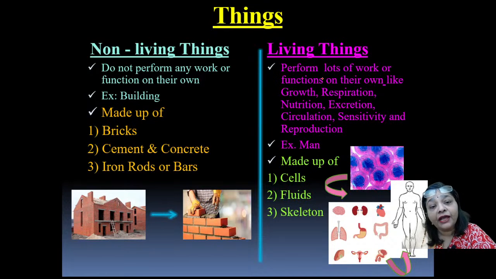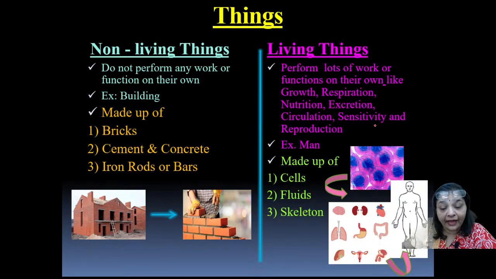The same way, living things perform lots of work and functions on their own, like growth, respiration, nutrition, excretion, reproduction, etc. For example, if we take ourselves, man, we are all made up of basic structural and functional units called cells, and along with the cells, we have fluids in our body and the skeleton that form the major part of our body.